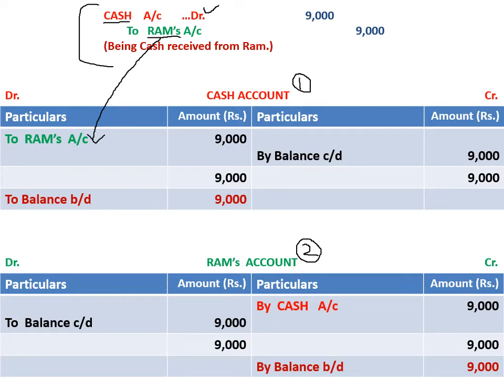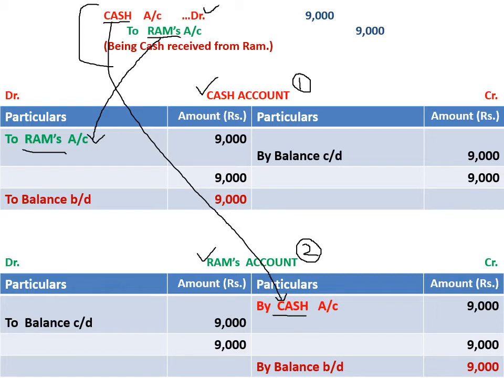But in the Ram account, we will write cash as "By cash account". This is because cash is debited because of Ram and Ram is credited because of cash. I repeat, cash account is debited because of Ram and Ram account is credited because of cash.